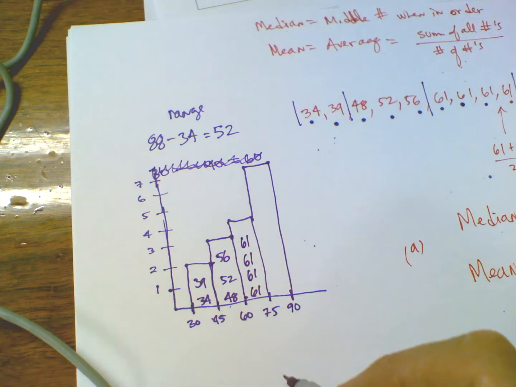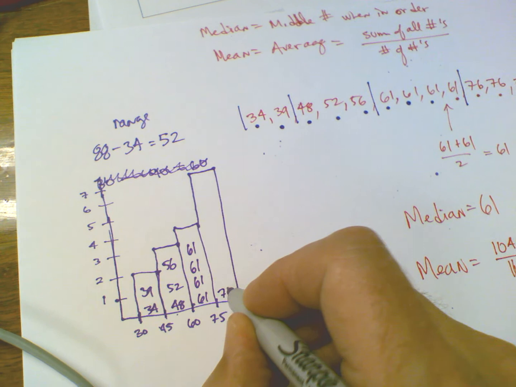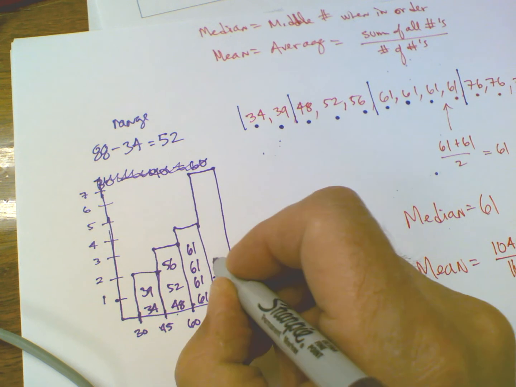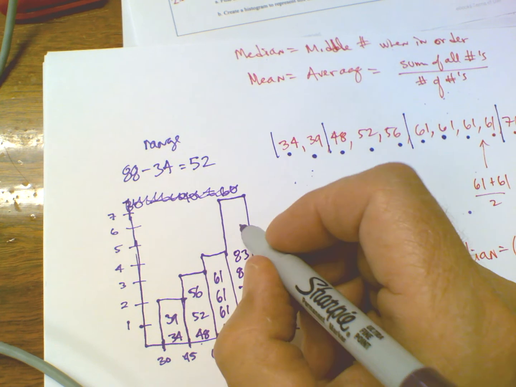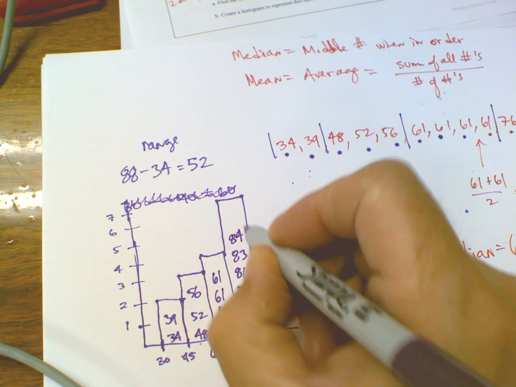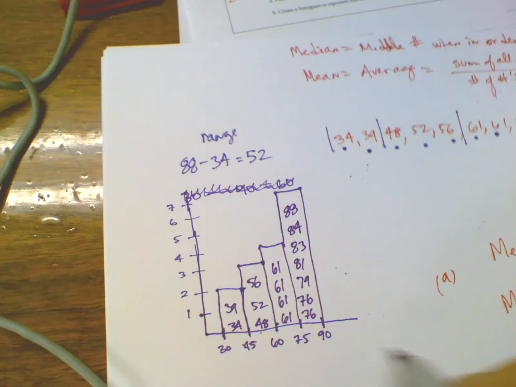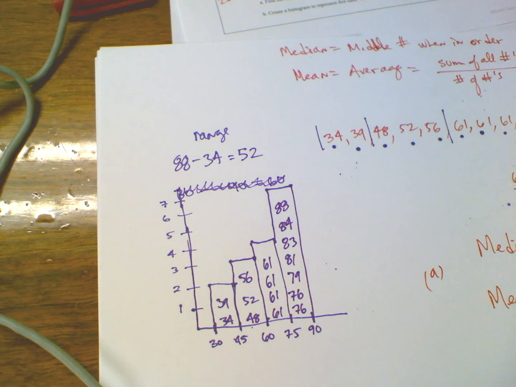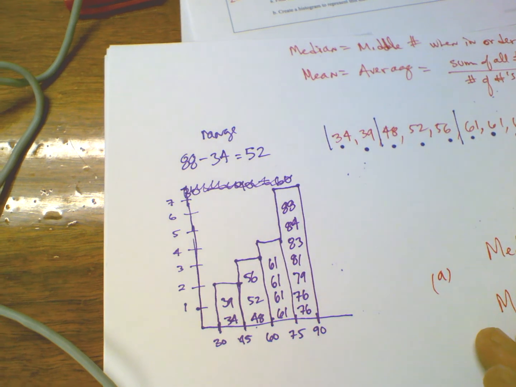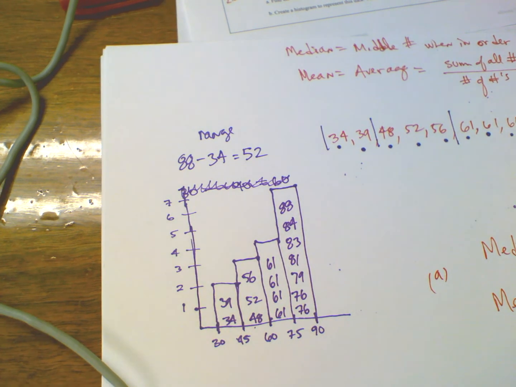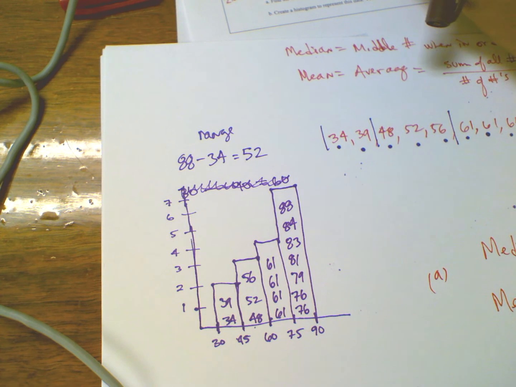That's the 4 numbers in that stack. And then 76, 76, 79, 81, 83, 84, and 88. And there was that stack. So to actually write your numbers in. So there are different interpretations of how to draw that histogram, but something similar to this would be just fine. There you go.